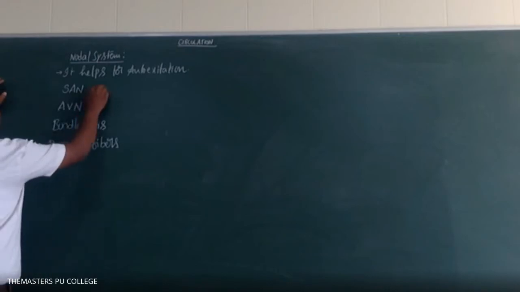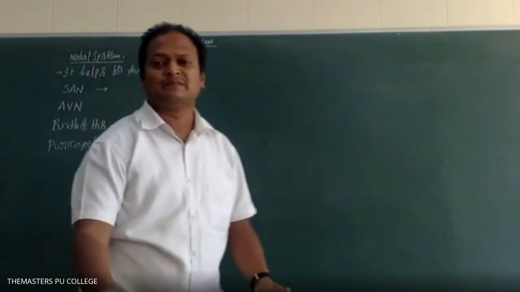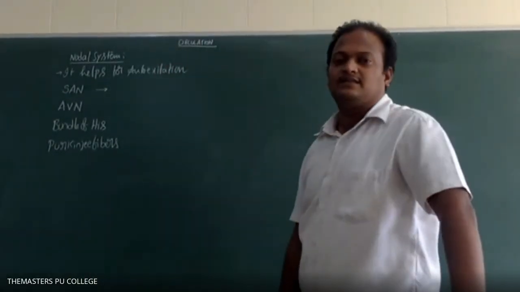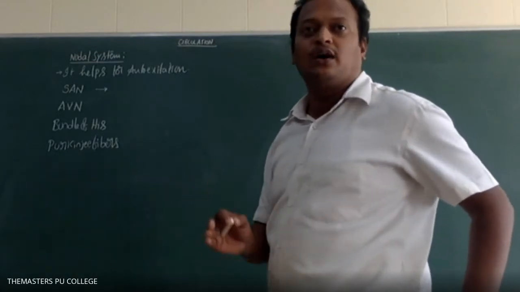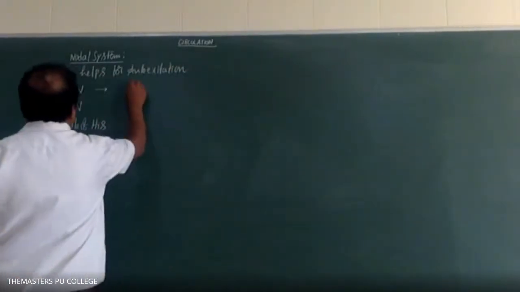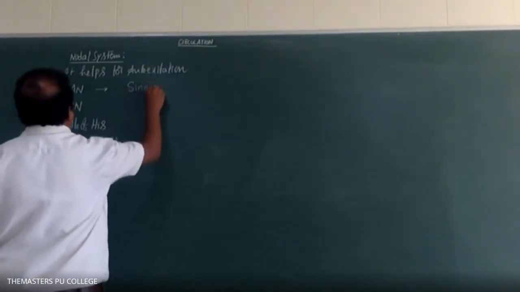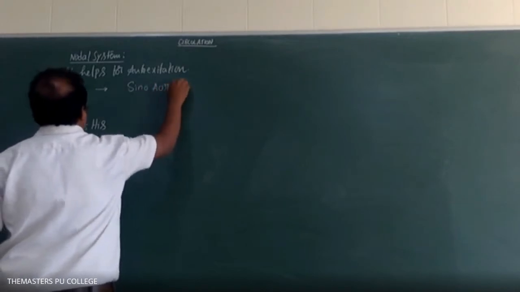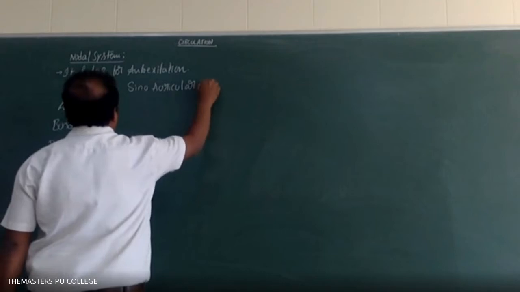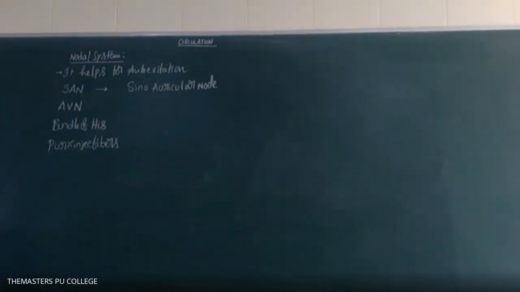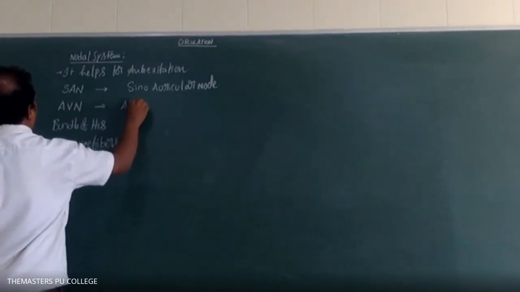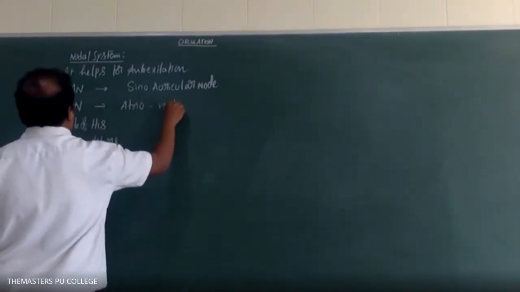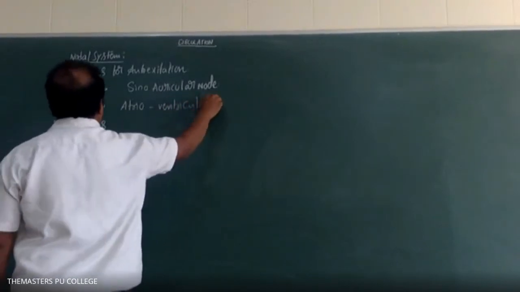So first one, what, students? SAN, the sinoatrial node or sino-auricular node. What is meant by SAN? Sino-auricular node or atrial node. Right, next one, AVN, atrioventricular node.